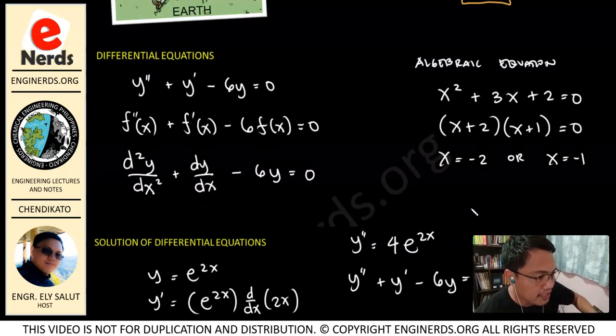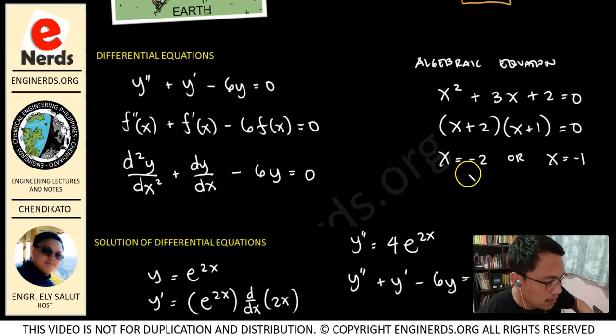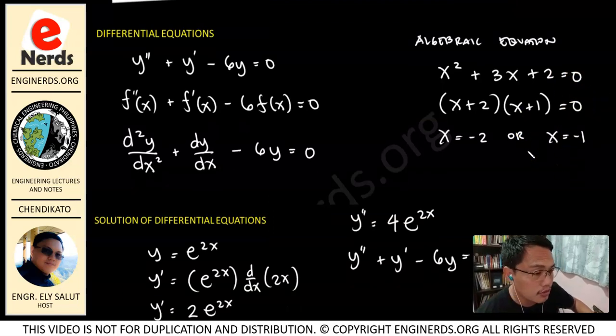If you remember, in the algebraic equation, that's also what we do. Once we found the solution of our algebraic equation, when we substitute the value of x into our equation, we will have a 0 value here. Our solution will still be equal. Let me write that as an example.